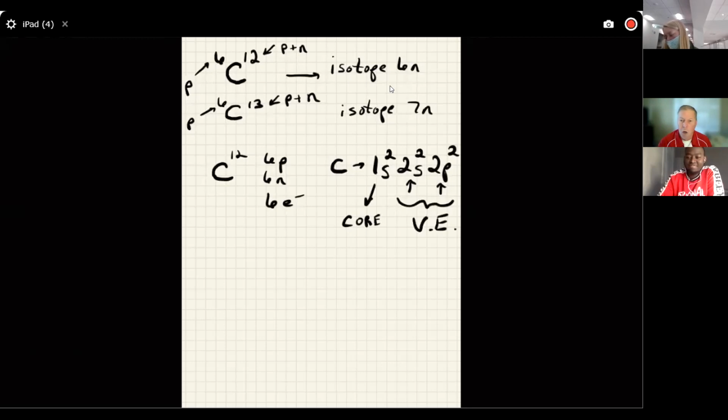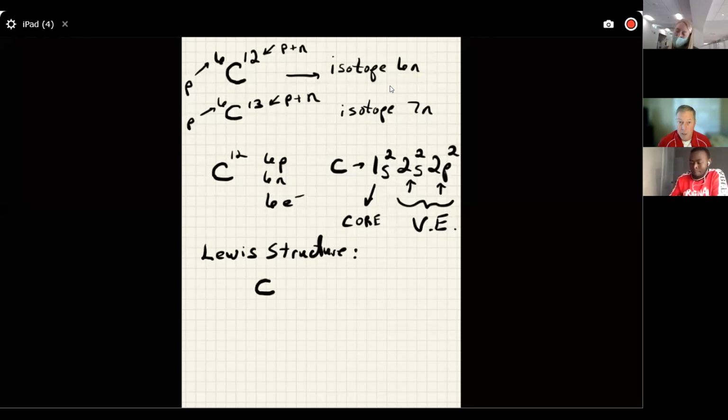So if we were to draw the Lewis structure, hopefully you remember that as well from your Gen Chem. The Lewis dot structure. So here's carbon. The way we draw the Lewis dot structure is we take the number of valence electrons. In this case, there's 4 of them, right?